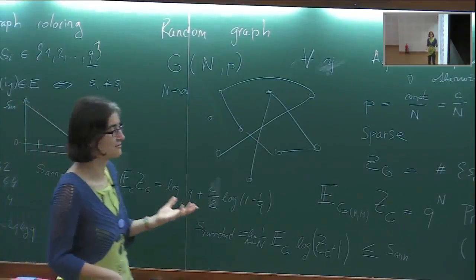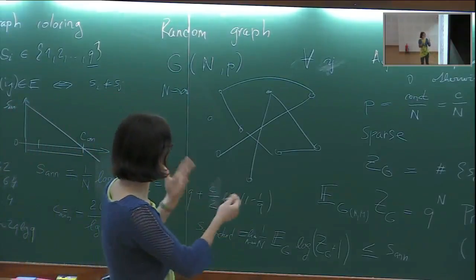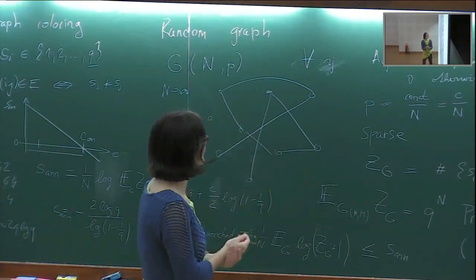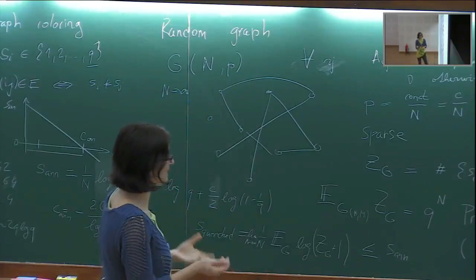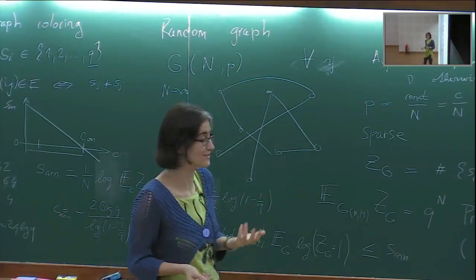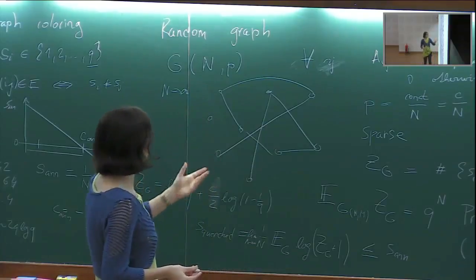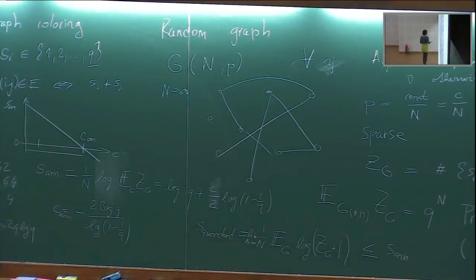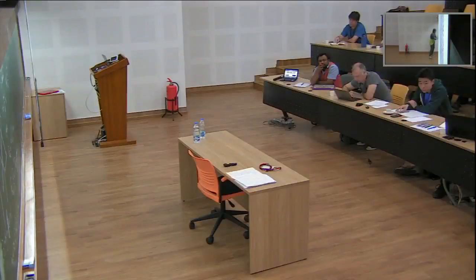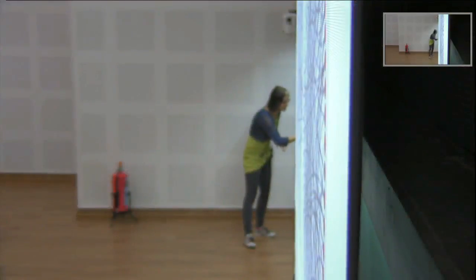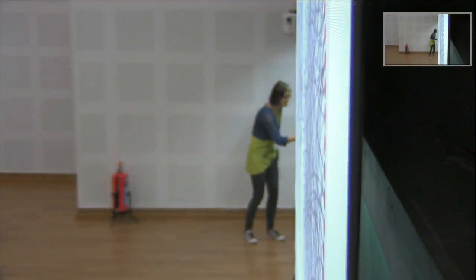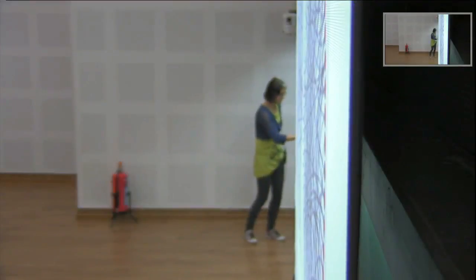Why, for instance? Well, when people started to study these graphs, the first remarkable conjecture they had, which is still a conjecture, not a theorem, is that indeed there is some kind of a threshold. So let's define the C colorability, which will of course depend on the number of colors.